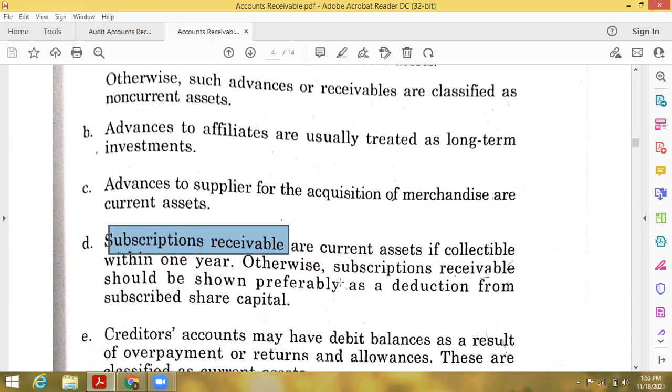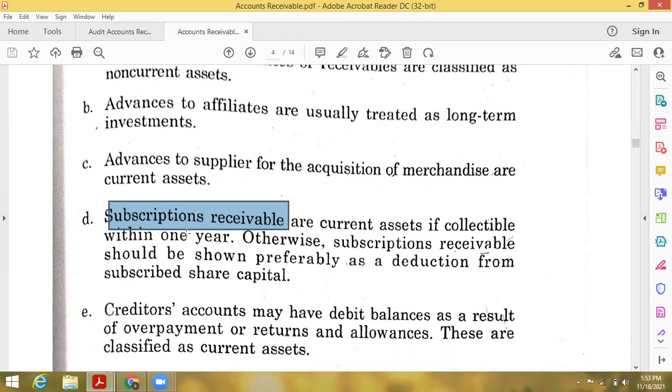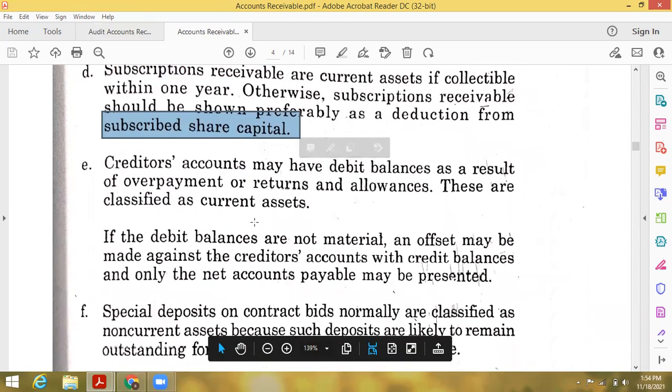Okay? Within 1 year, subscription receivable is a current asset; if it goes beyond, it is just a deduction from our subscribed share capital.